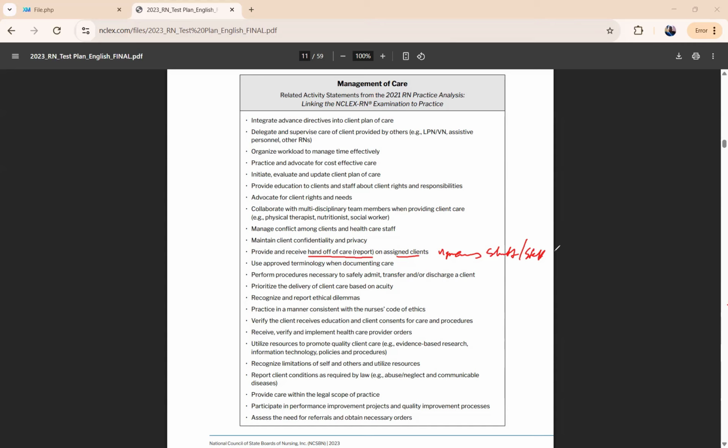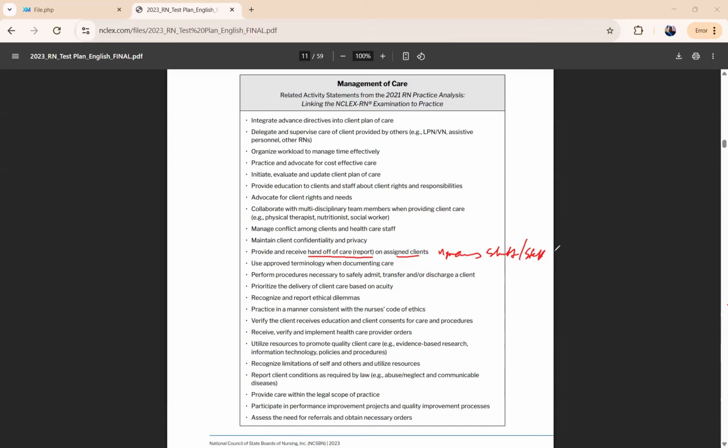While you were giving report, you were telling other staff members about the good side of the patient and also the bad aspect of the patient, I mean, their condition. Now you can say, the patient with hypertension this morning, blood pressure was high, but after medication throughout the shift, blood pressure was maintained.